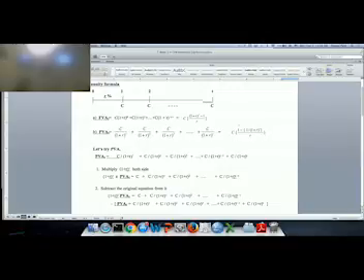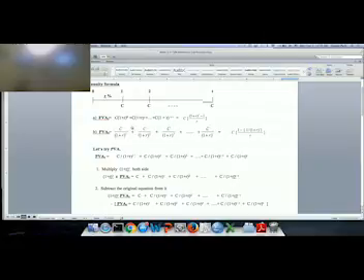Then, to make one simple formula from these multiple terms, multiply both sides by 1 plus R. On the left side, we multiply by 1 plus R, and on the right side, each term we multiply by 1 plus R. This is an MS Word equation, so I can't get in here, but look: we multiply by 1 plus R, so the 1 plus R in the numerator and the 1 plus R in the denominator cancel out.